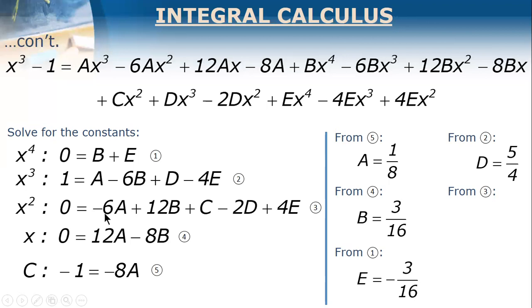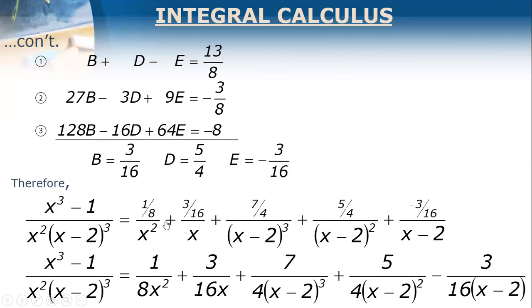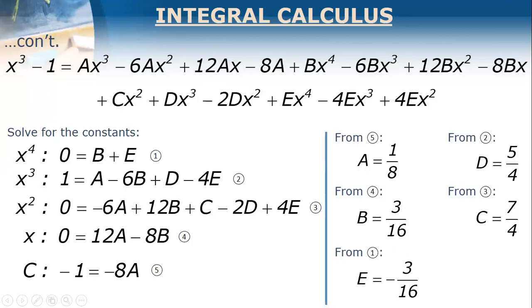And then from equation 3, since we have A, B, D, and E, we can solve for C. Okay? So, let's review our previous answer. Okay. A is 1 over 8, B is 3 over 16, C is 7 over 4, D is 5 over 4, and E is negative 3 over 16.